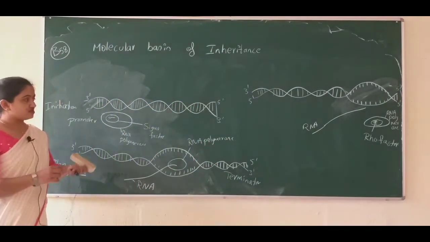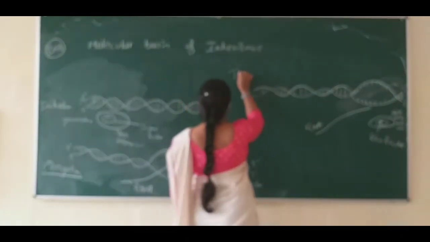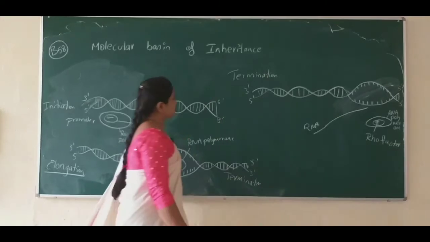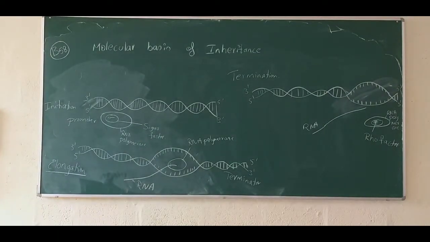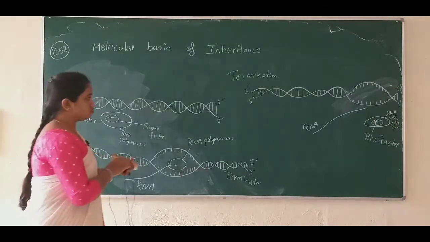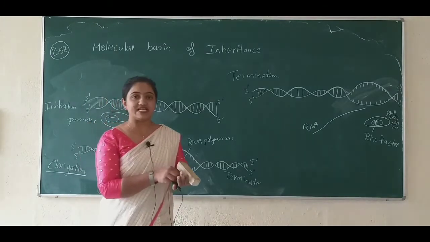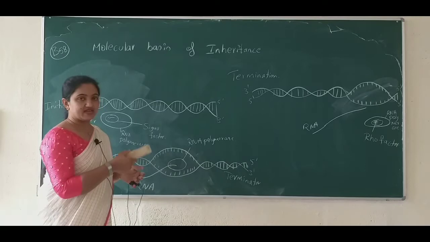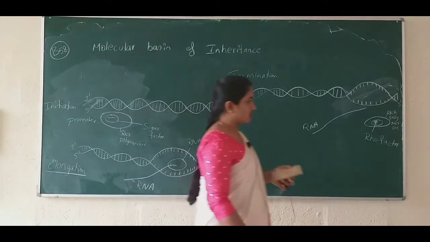So here you have to write initiation, elongation and termination. Okay. In the next process, as I told you, the splicing, capping and tailing mechanism occurs with the hnRNA and mRNA. I'll just tell you how.